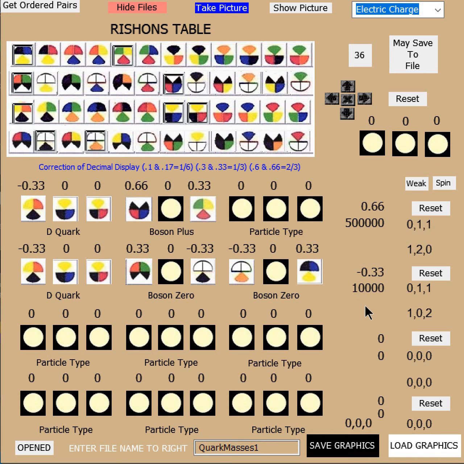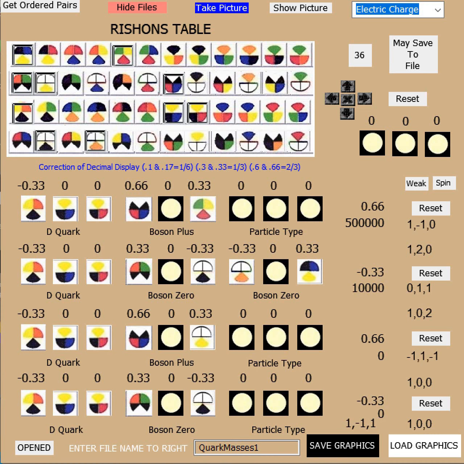And so let's continue now looking at the C-quark and the S-quark. Now, if we look at the C-quark, we'll see again we have generic D, which gives us an intrinsic mass of 500 electron units. But we have a boson plus.